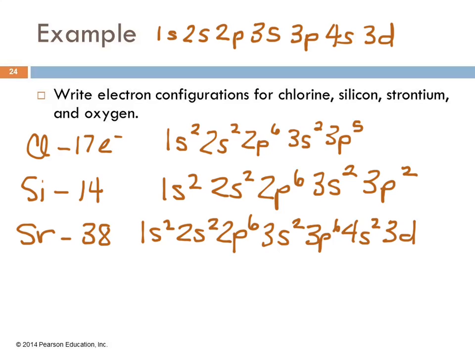How many electrons can the 3d hold? 10. And I ran out of space. Well, I can fit one more in there. 4p, 6, and then I need 2 more, so they're going to go in the 5s2.